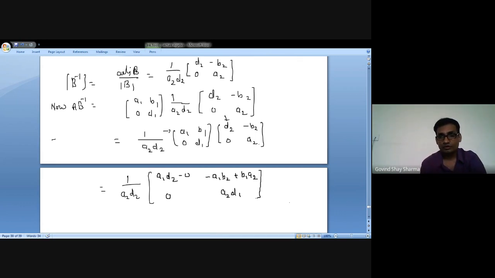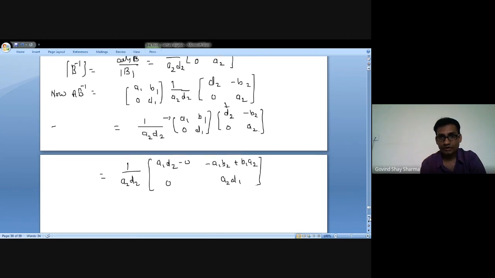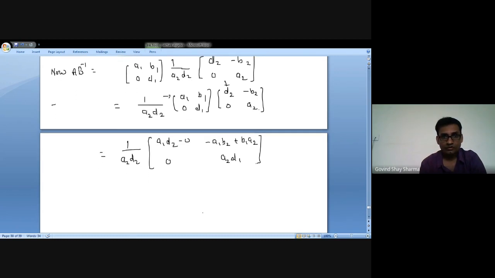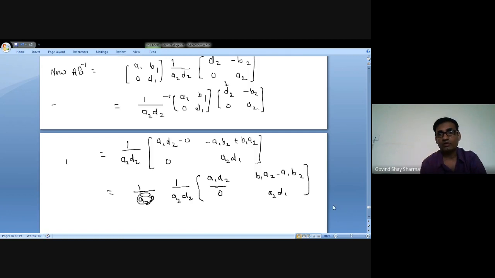Okay, so we get 1 upon a2 d2 times the matrix with a1 d2, b1 a2 minus a1 b2, 0, and d1 a2, which is a multiplication of real numbers.